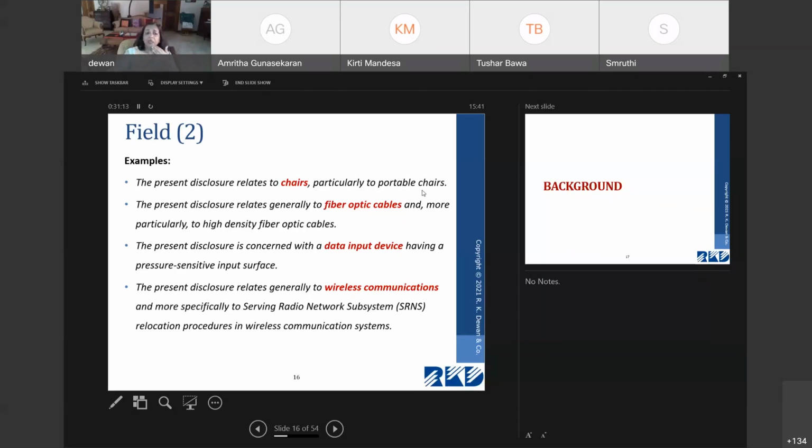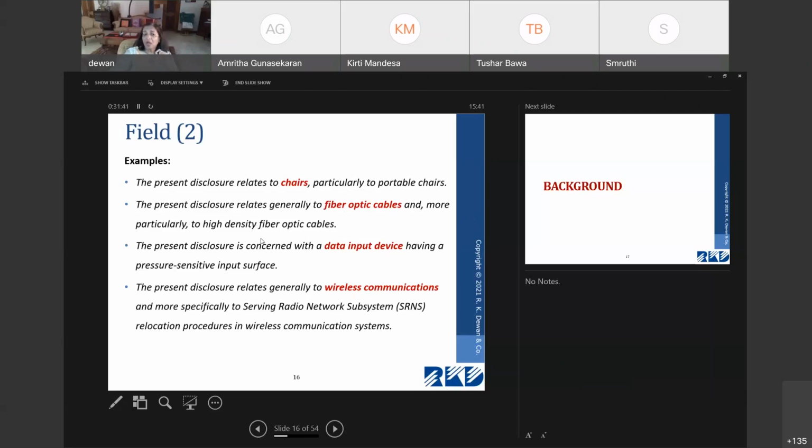Now, another example here is: the present disclosure relates generally to fiber optic cable. That was our title example. Similarly, the field for that, and more particularly to high density optic fiber cables. So similarly, we have written the field for that. We have indicated the subject matter, the technology area, and that it relates to it.